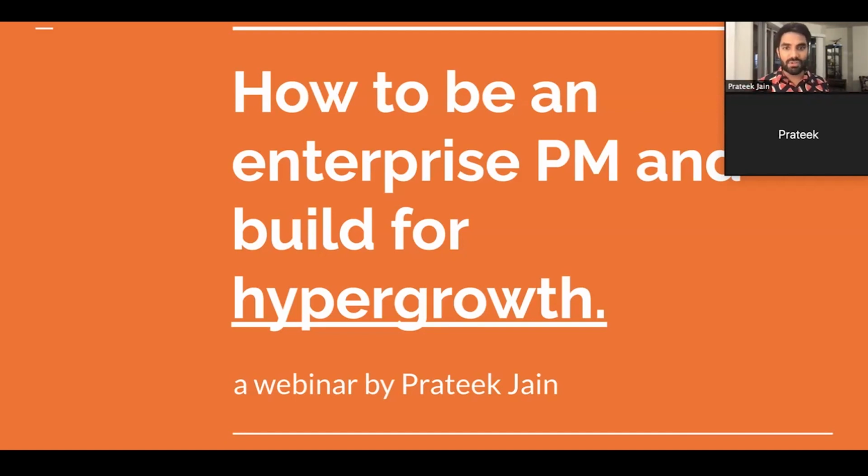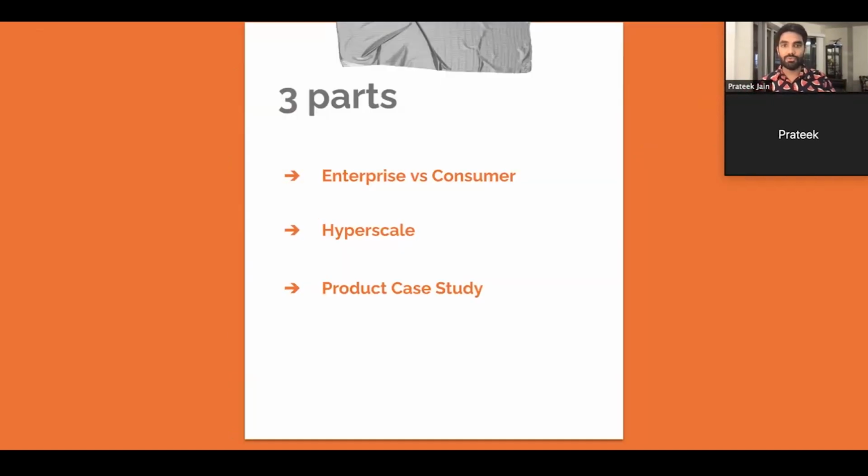This is not about my journey, though. This is about how to be an enterprise PM and build for hypergrowth. And we're going to be breaking it down into the three parts that catch your eye in that question. One, what is the difference between enterprise product management and consumer product management? We'll tease those out. Two, we'll talk about what it means to hit hyperscale.